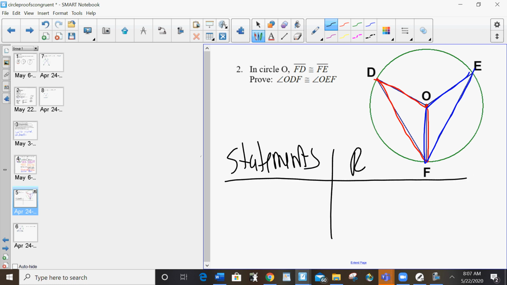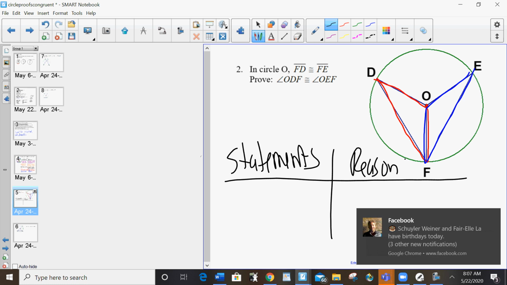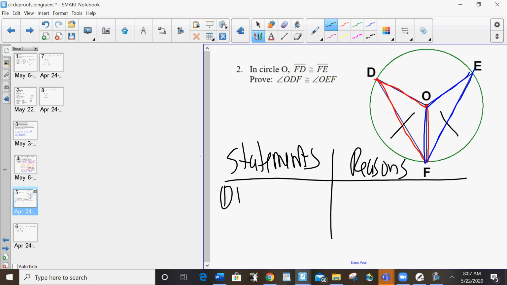Statements, reasons. FD is congruent to FE. That's given. There's nothing else given, so now I'm going to have to go to my circle theorems.